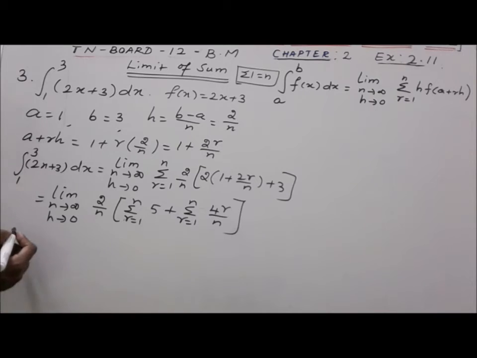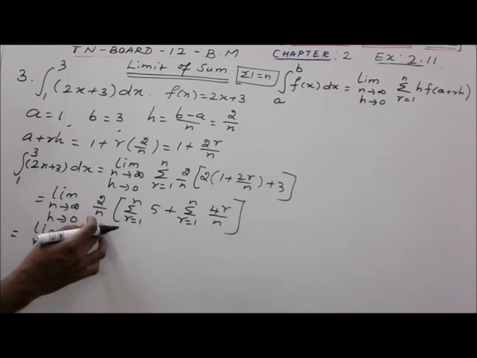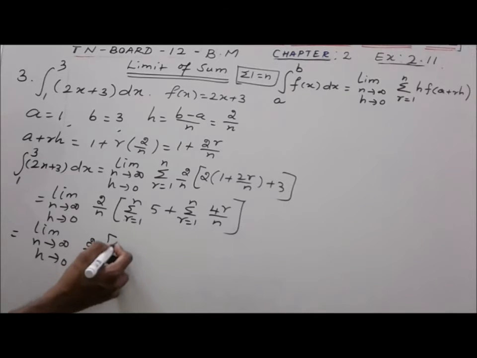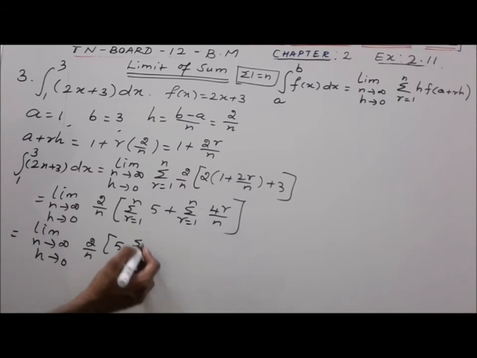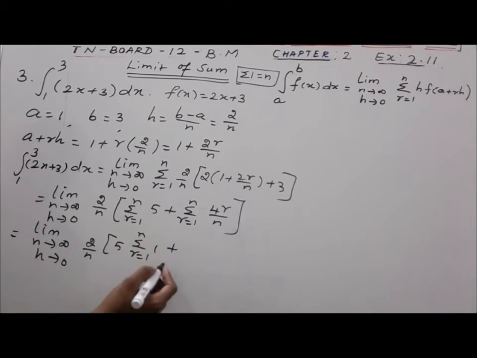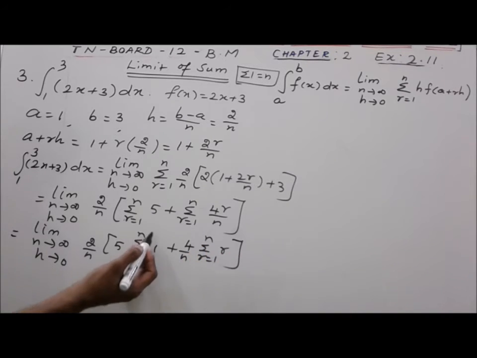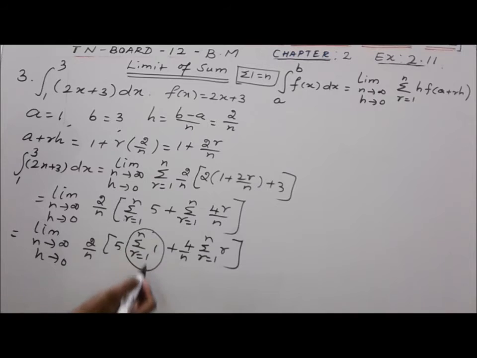Now splitting it again, that is equal to the limit as n tends to infinity, h tends to 0, of 2/n times [5 times the sum from r = 1 to n of 1, plus 4/n times the sum from r = 1 to n of r]. Now we can substitute: the sum of 1 from r = 1 to n is n, and the sum of r from r = 1 to n is n(n + 1)/2.